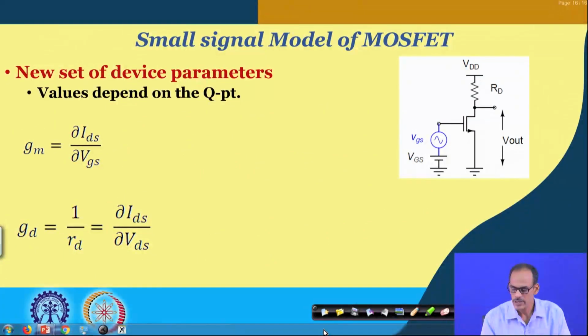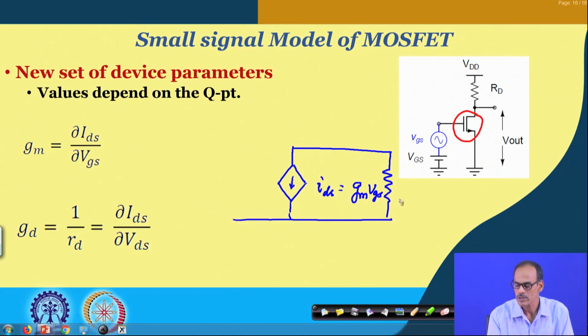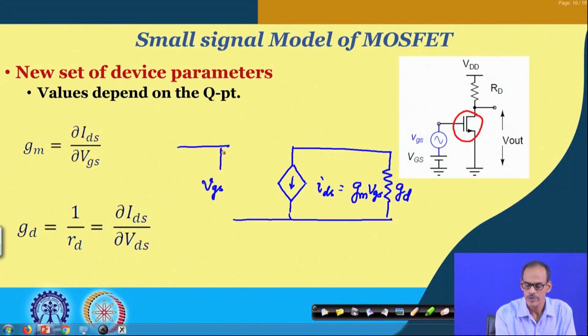So, the small signal model of the transistor is a current source, IDS equals Gm into VGS, and in parallel with that we have the conducting element GD, and at the input we define the VGS, the gate to source voltage.